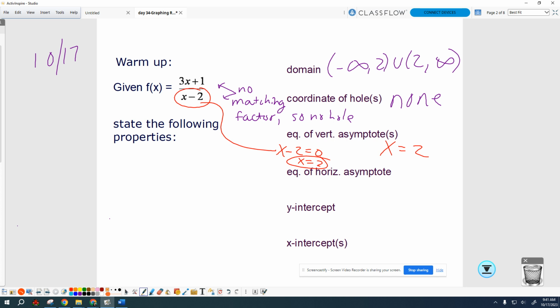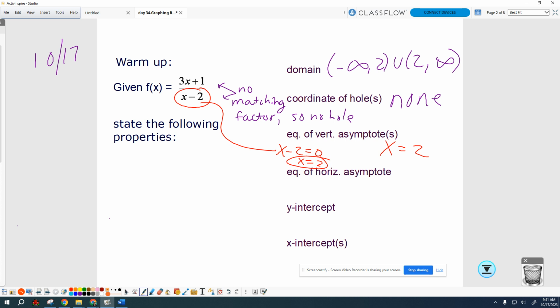Okay, Ahmed, what about the hard one? What's the equation of the horizontal asymptote, if I have any? It's going to be 0. Okay, that's just a number and it's not an equation. Sarah? Y equals 0. Will?